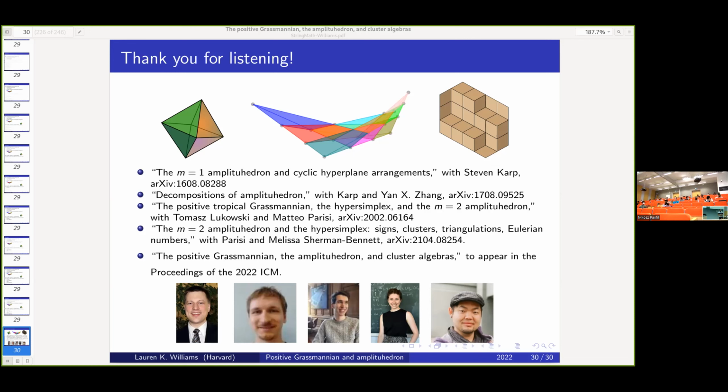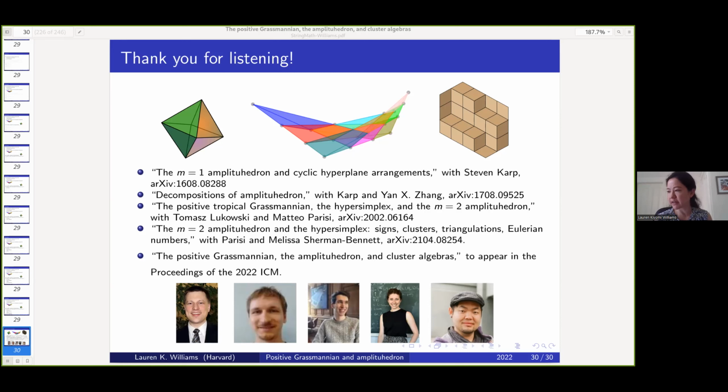Is there any kind of similar story for, say, Lagrangian Grassmannians, or in other cases for homogeneous varieties? Yeah, that's a really good question. I think there's been a little bit of work maybe in the orthogonal Grassmannian case, but in general, not much has been done.